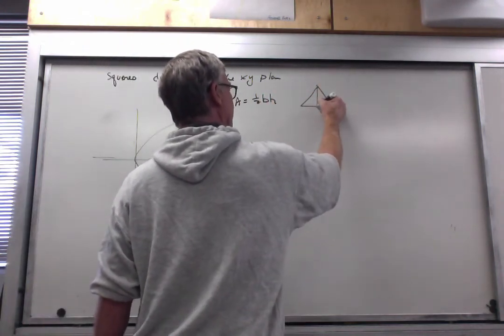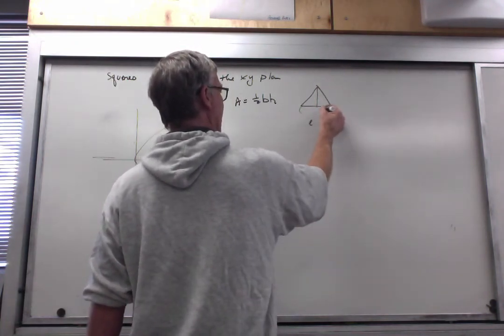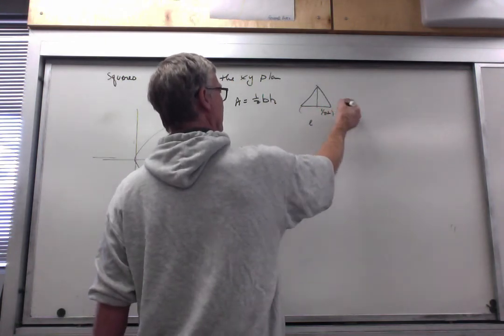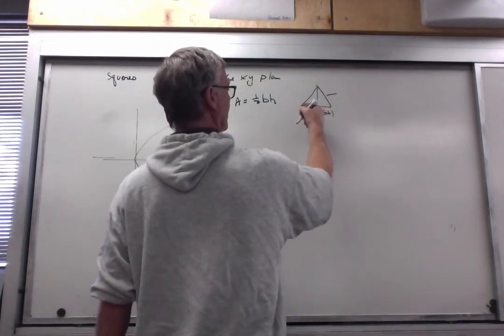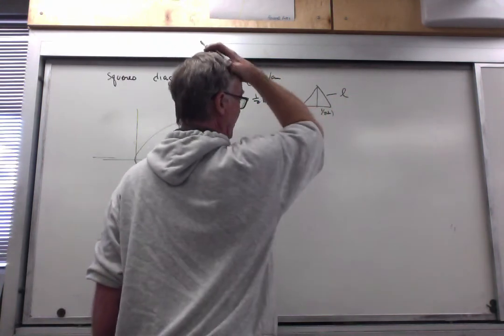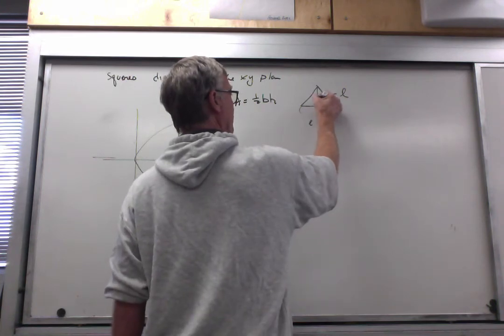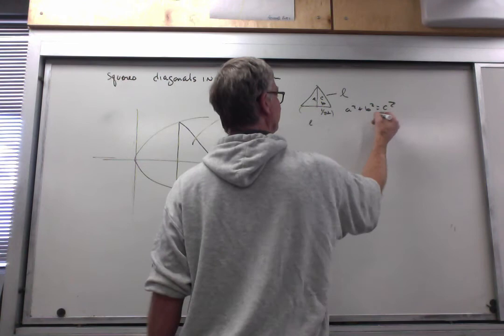If I did this, if this is my length, this is half the length. This is also, this is the length. And what we would have to do is the Pythagorean theorem. A, B, C, A squared plus B squared equals C squared.